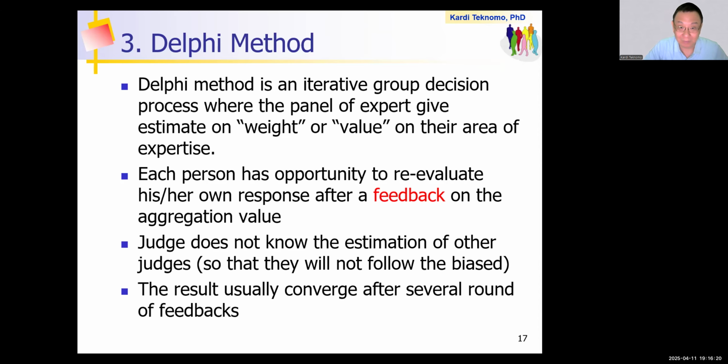Each person has the opportunity to reevaluate their own response after feedback based on the aggregated value. The judges do not know the estimates of other judges, so they will not follow a biased value. The result usually converges after several rounds of feedback.